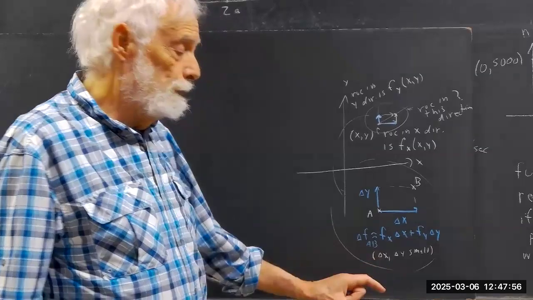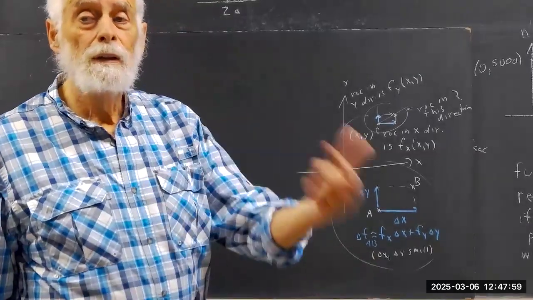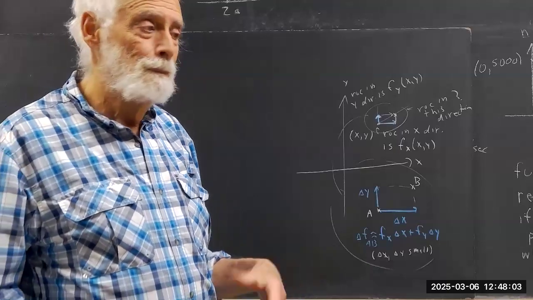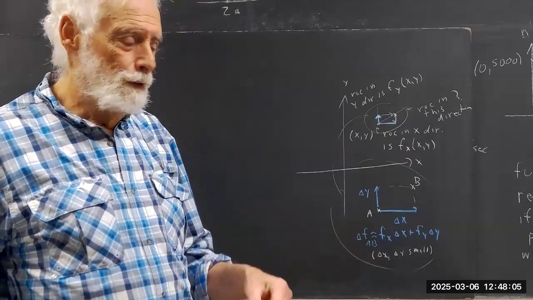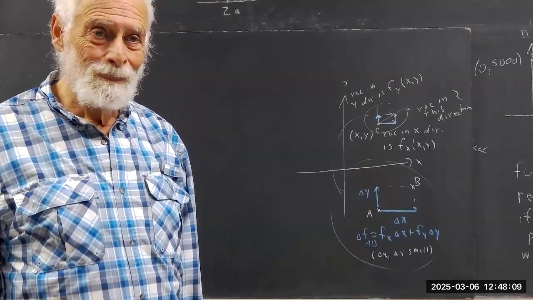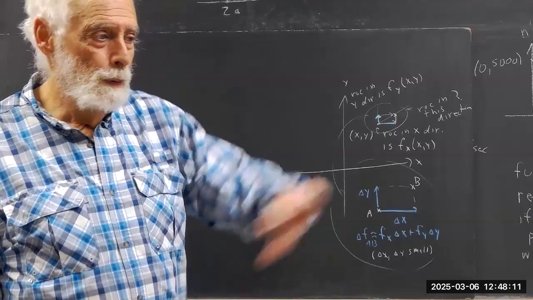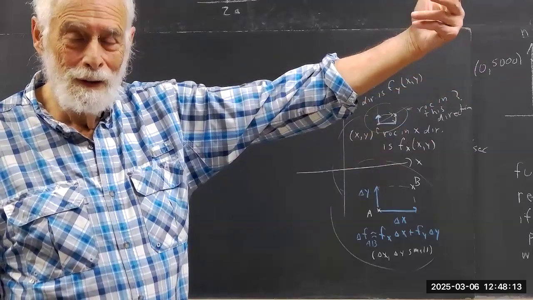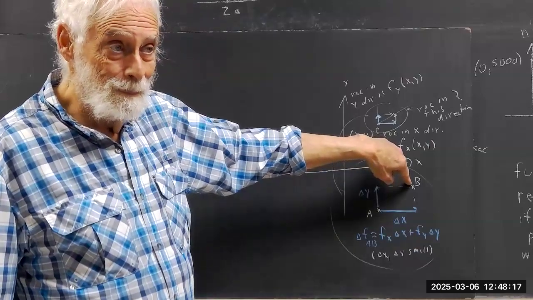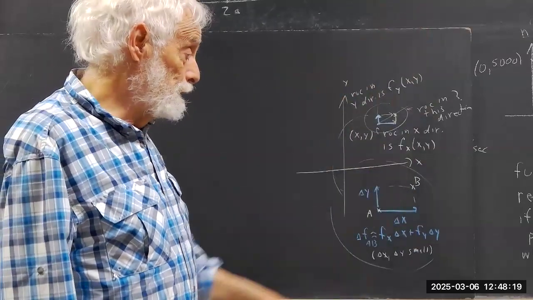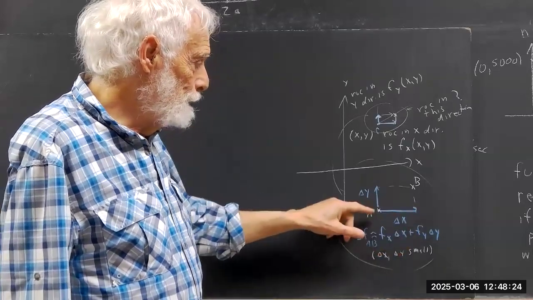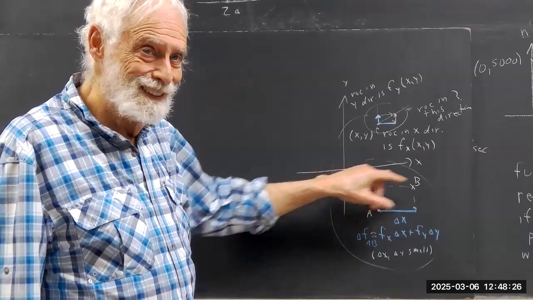Well, that's pretty simple to understand, and that's exactly what I was saying on the one homework problem where some people wanted to find the change in a function from point A to point B and found the whole equation of the tangent plane and evaluated the tangent plane at this point. That's equivalent to just calculating how much you change from here to here and how much you change from here to here.